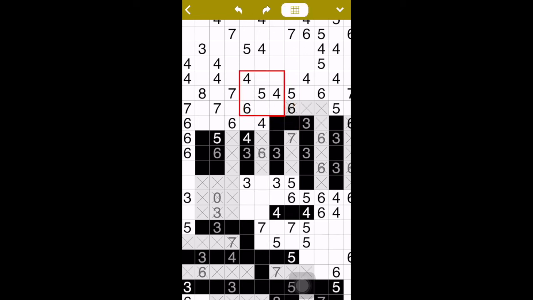One of them can be a black space, but must one of them be a black space, or can they all be gray? Let's assume that they're all gray. You still have enough space up here to make a 5, right?